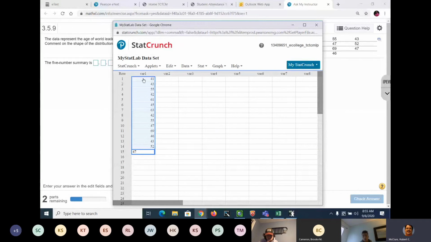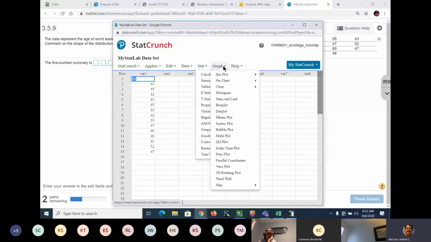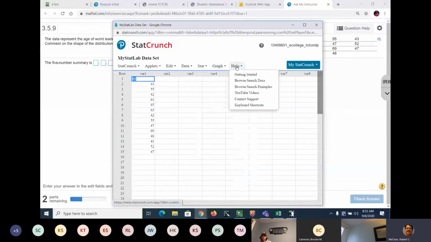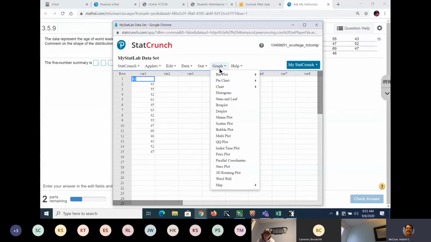Does anybody know how to put it in order on StatCrunch? Nope. Well, I used to be able to, but now I can't. They must have changed it. You probably could go into help, but I'm not going to do that.